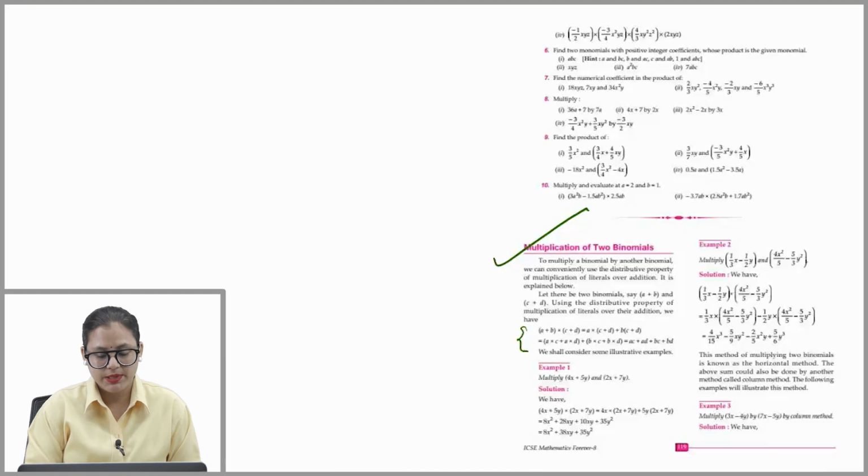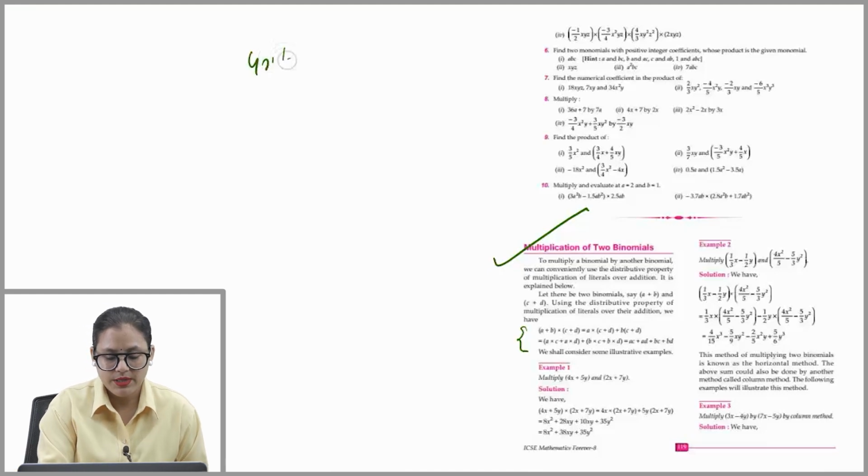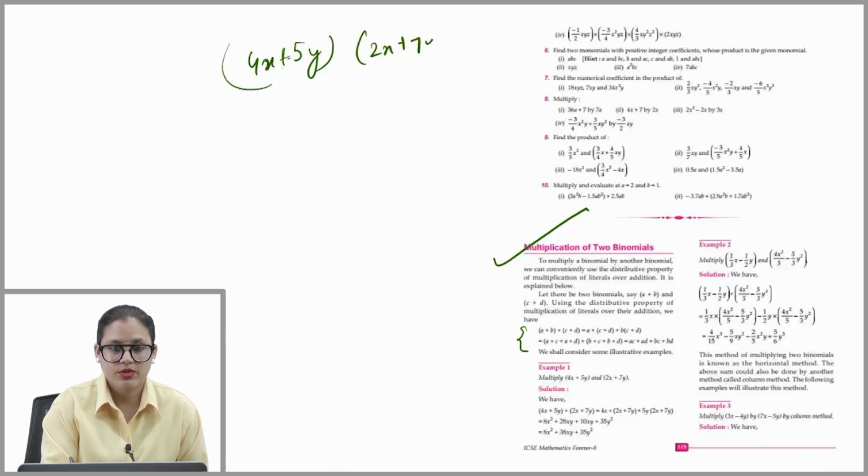Example 1: we have to multiply 4x plus 5y by 2x plus 7y. So what will you do?